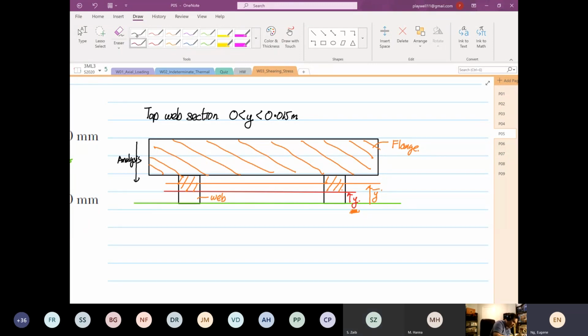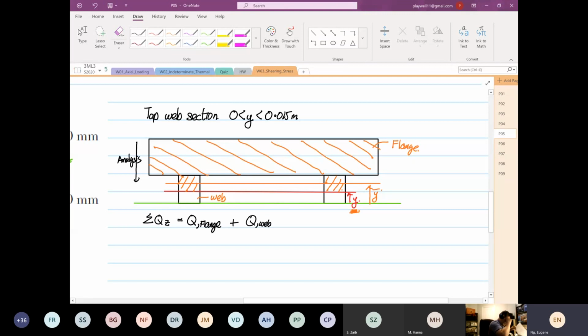So we are going to calculate our summation about first moment of area, and the first moment of area will be about the z-axis. So from here, we know that this will be equal to the Q of the flange plus the Q of the web.